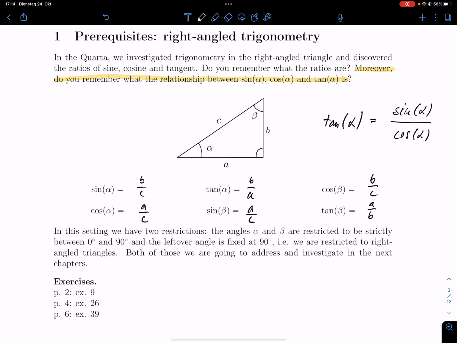This only works if you put alpha in every trigonometric ratio. So it's not that tangent beta is something with sine alpha and cosine alpha. You could do that too, but it's not really necessary.